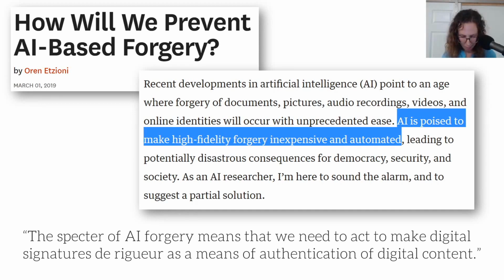And I will say here, one of the additional risks of all this forgery and fakes is that it also undermines people speaking the truth.